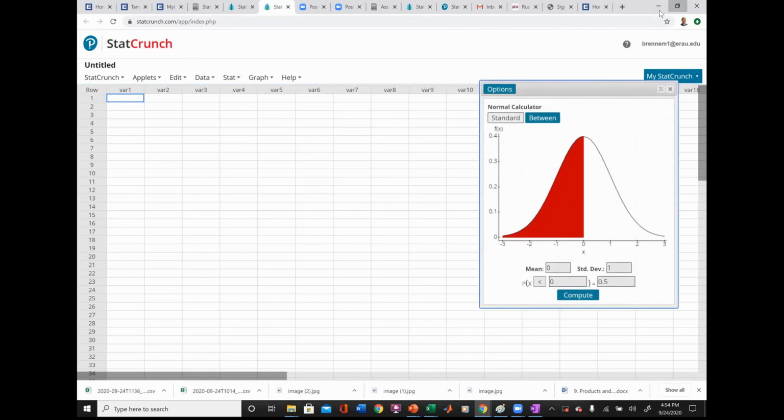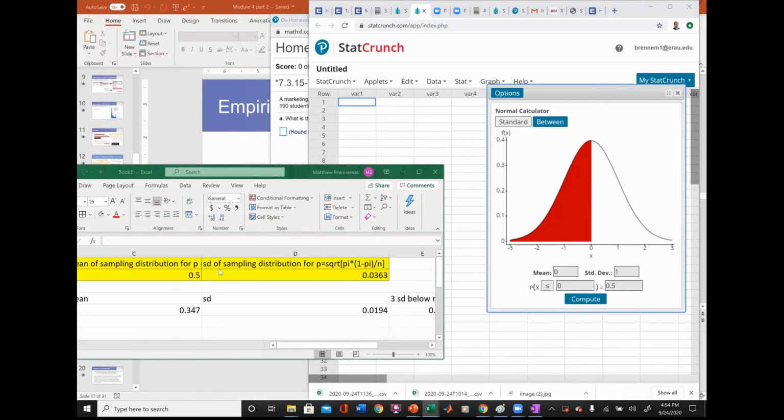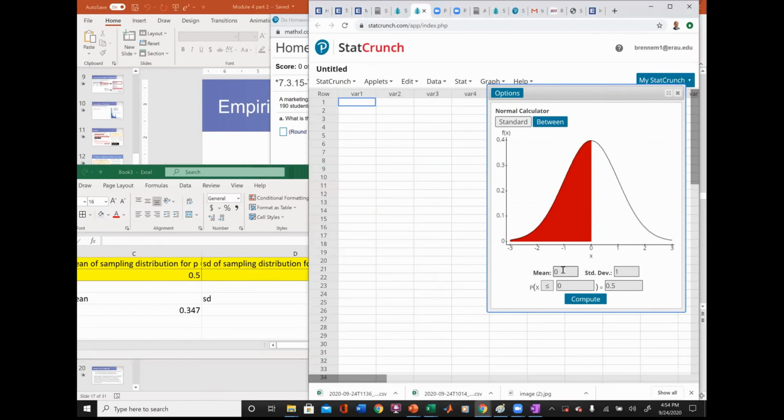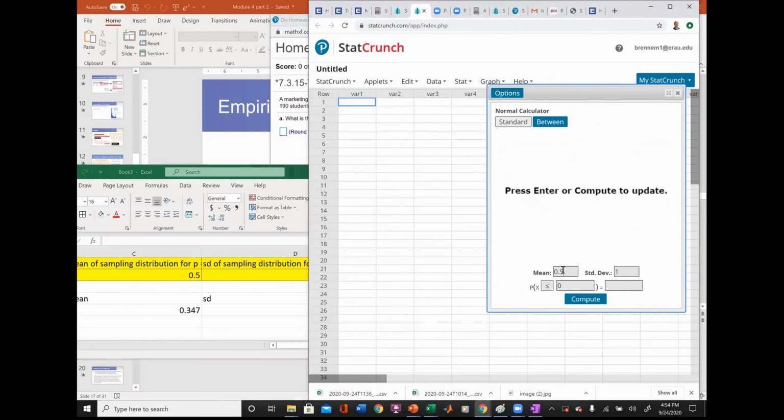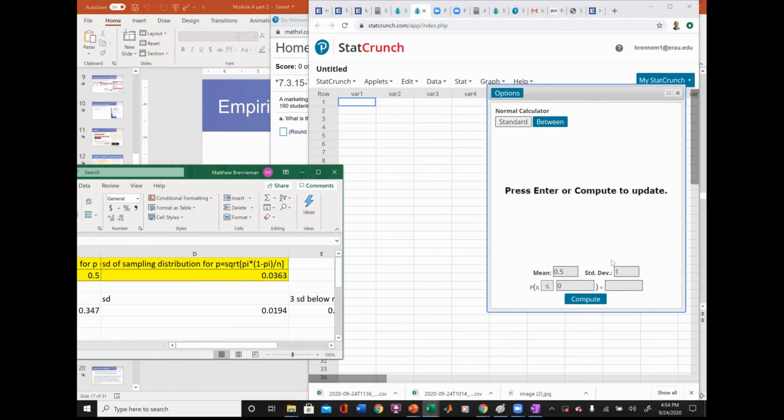And now I have to tell StatCrunch what my mean and my standard deviation are. But that's what you computed using your Excel sheet, right? So the mean is 0.5. And the standard deviation here was, in my case, 0.0363. Okay?